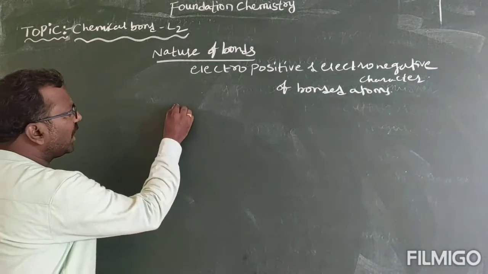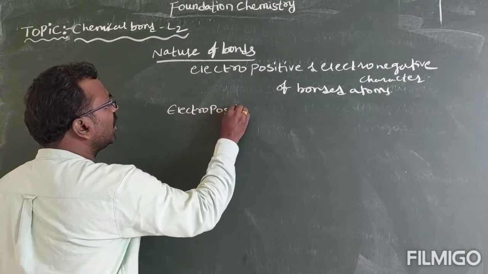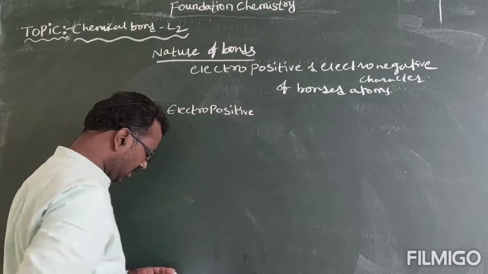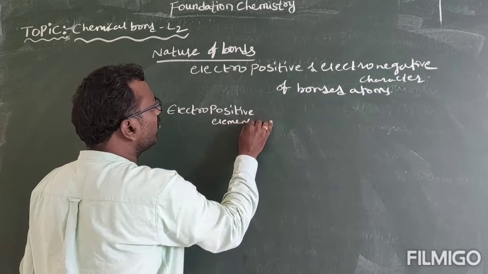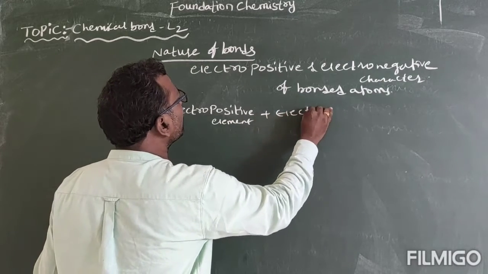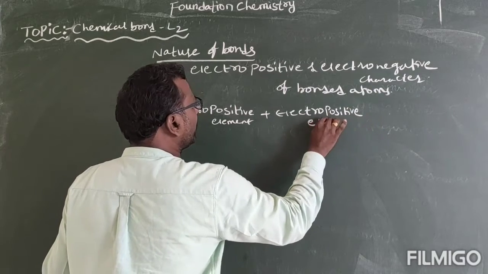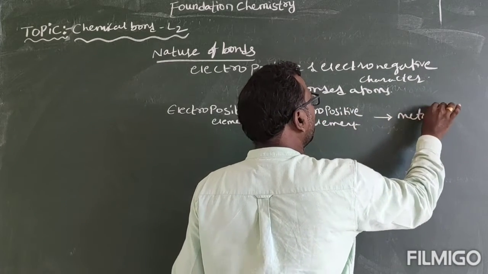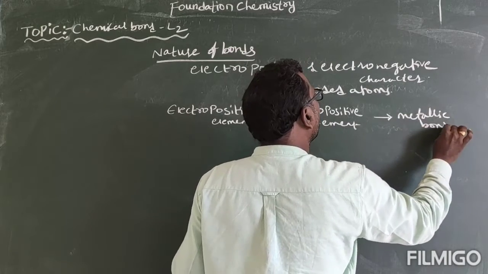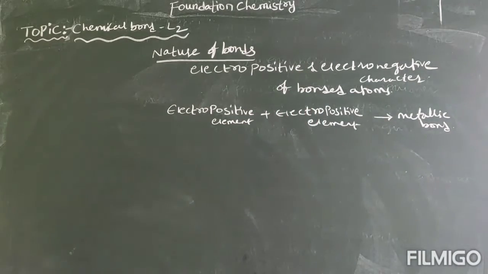If both are electropositive elements, then the resulting bond will be a metallic bond.